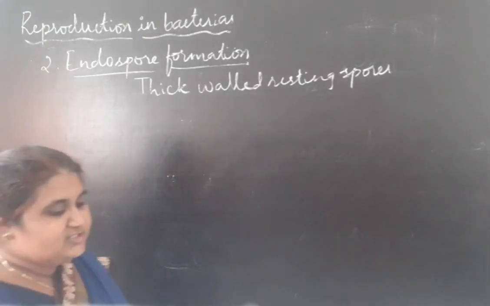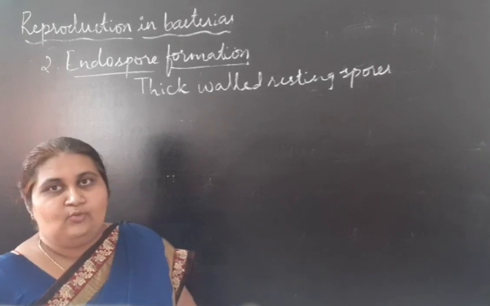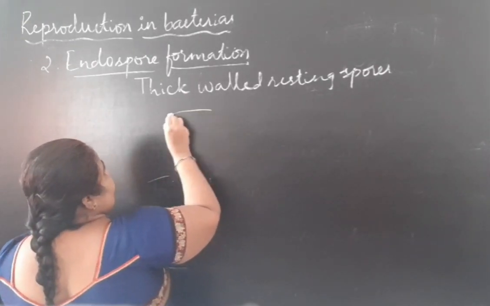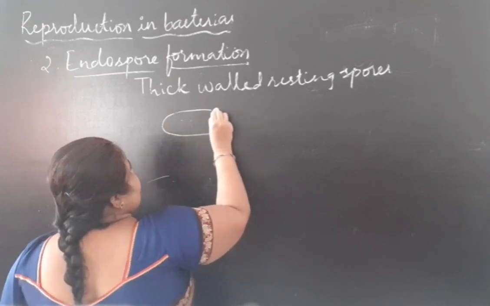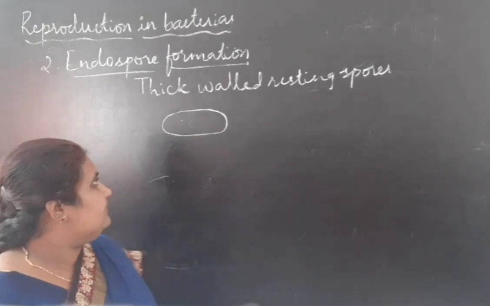On the occurrence of unfavorable conditions in the environment, see here, this is a bacterial cell, a rod-shaped bacterial cell.